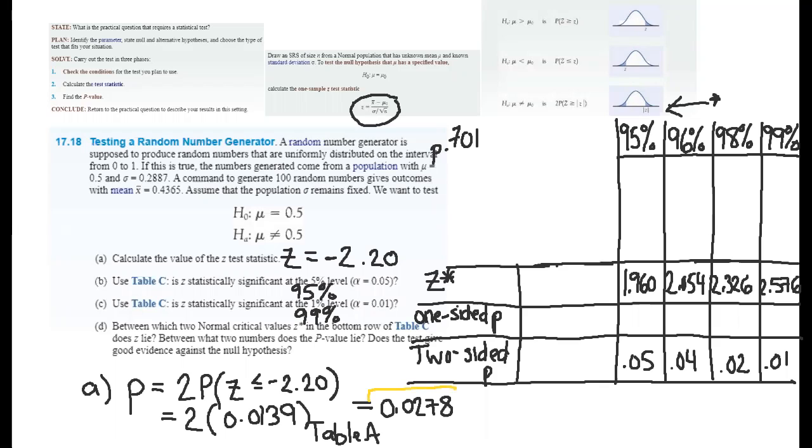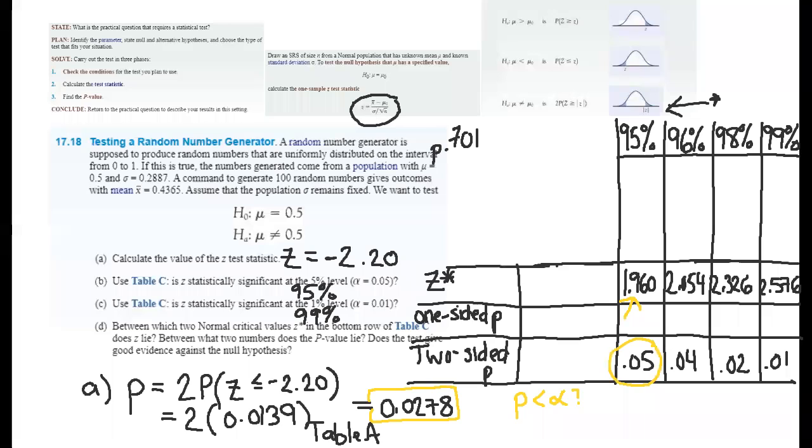Now, what question B is asking us is, is z statistically significant at the 5% level? At the 5% level of your test, then one thing we can ask ourselves is, is P less than alpha?